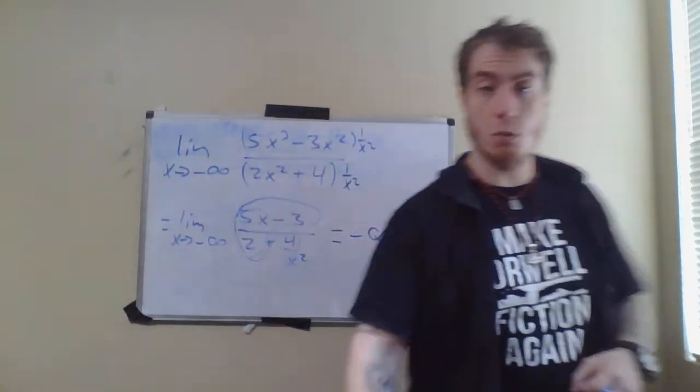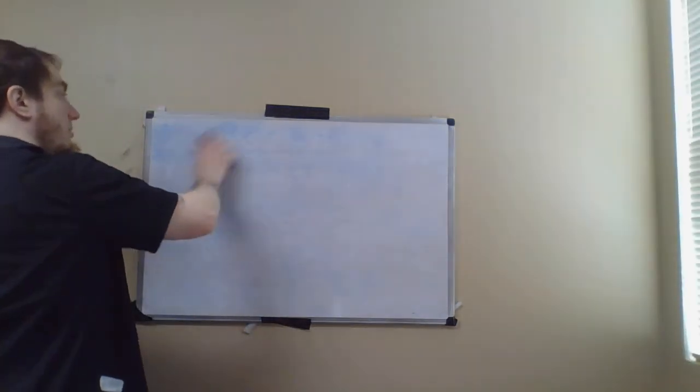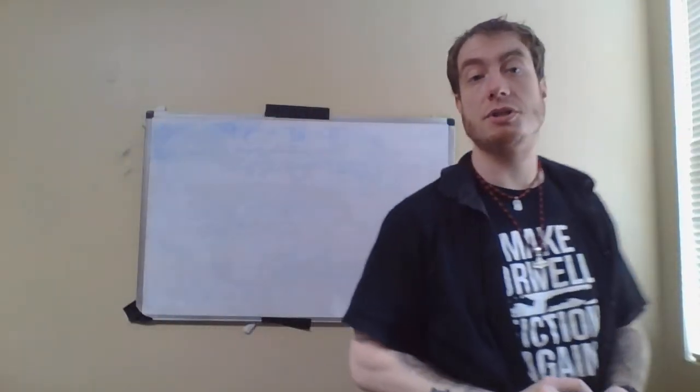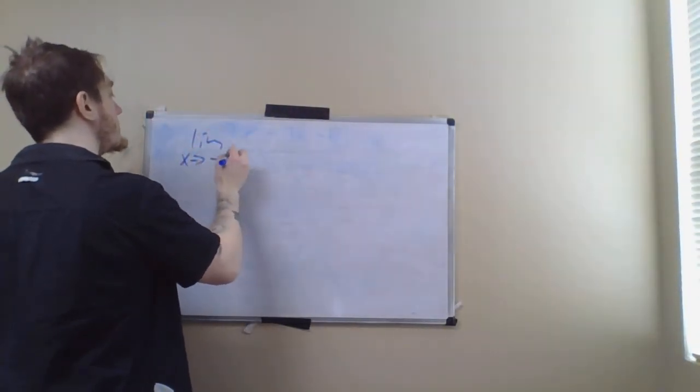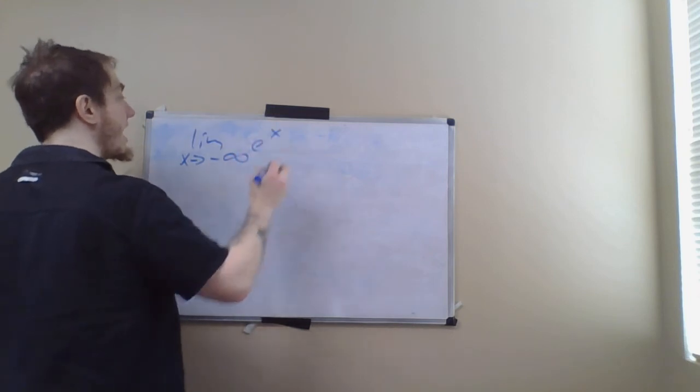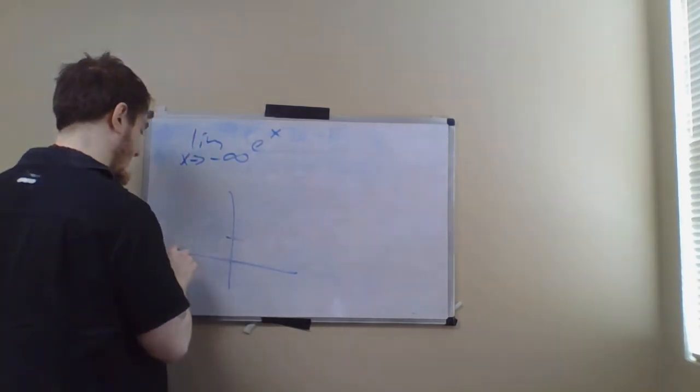One more thing that I want to notice here is there are other examples of functions whose behavior towards infinities we understand. For instance, if I take the limit as x approaches minus infinity of e to the x, well, what does e to the x look like? It looks like this.